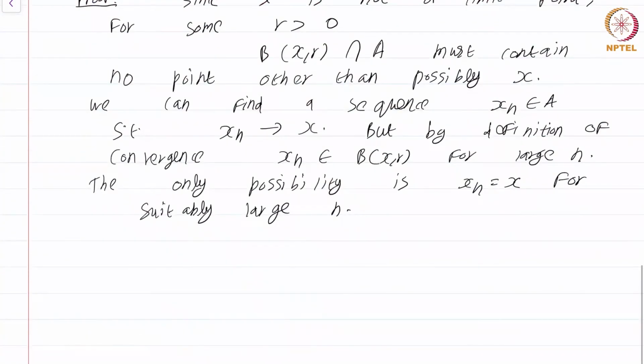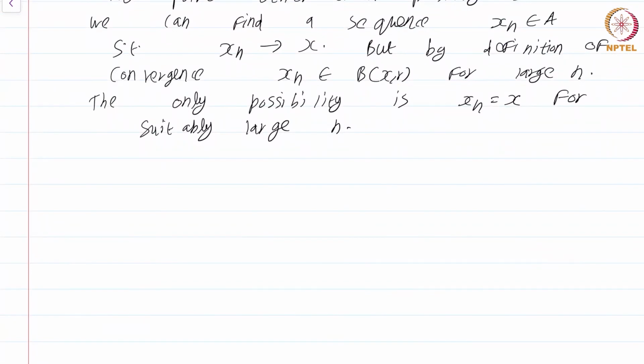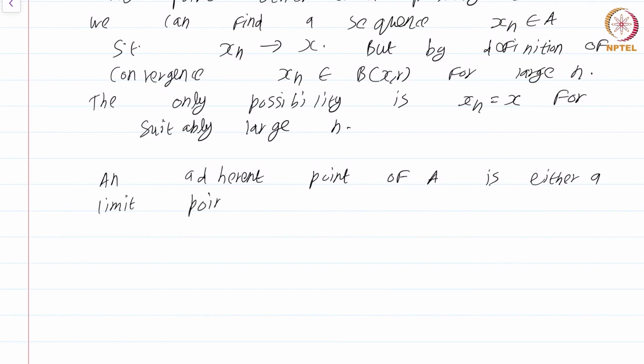Okay, so we have got an interesting thing. An adherent point of A is either a limit point or an isolated point, but never both.